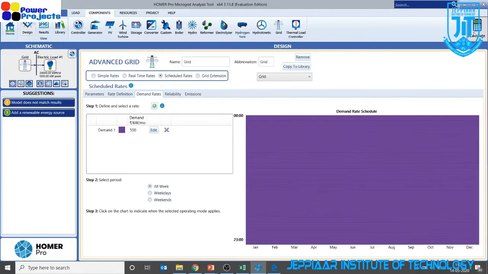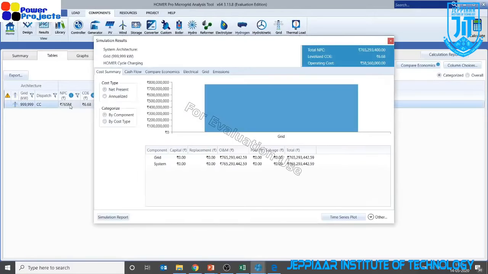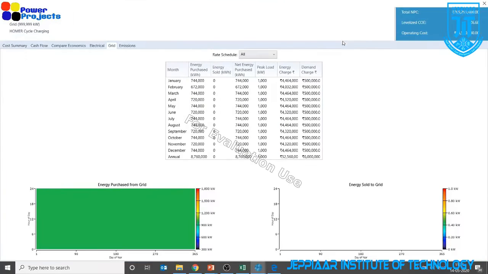When I run this, you can see the same thing when I come to the grid. Here are the energy charge and the demand charge. Here your levelized cost of energy is 6 rupees 68 paise. That is comparatively less than what we saw previously, 6 rupees 98 paise, because I have made the load a constant 1000 kilowatt across the year.